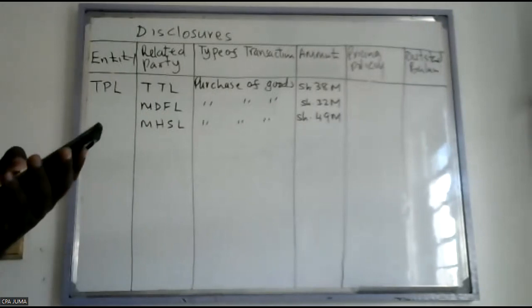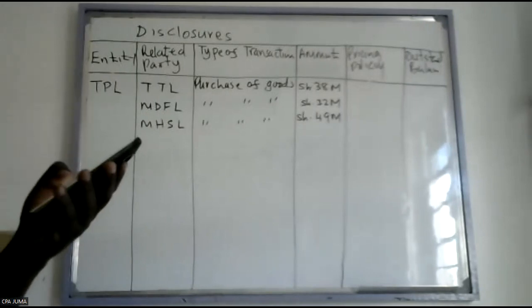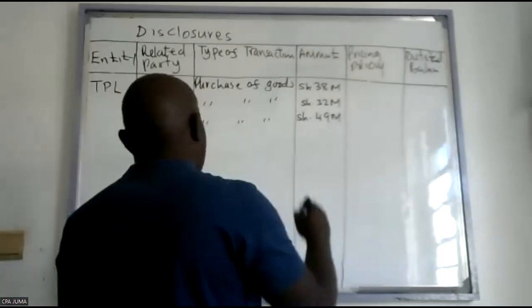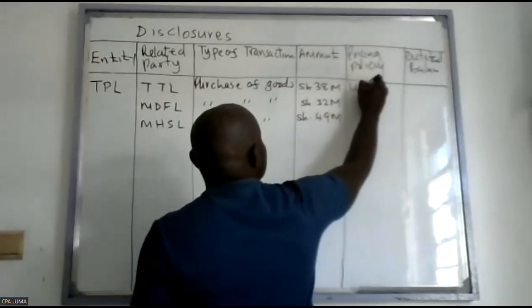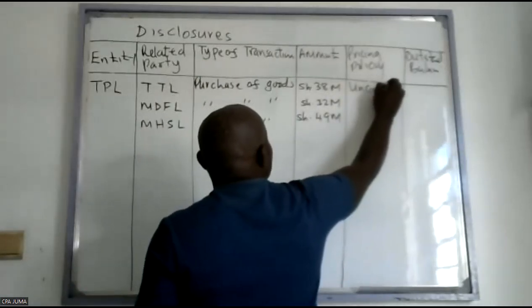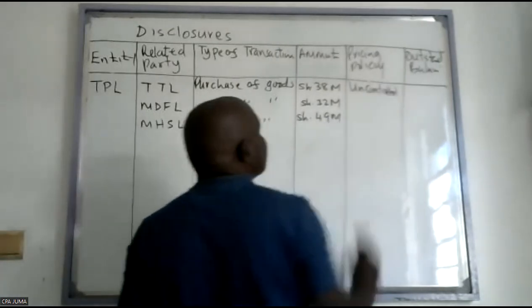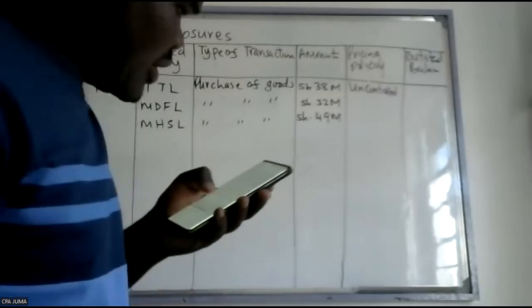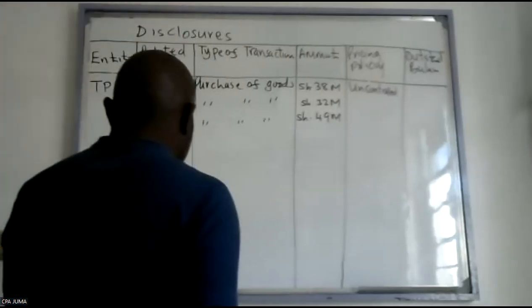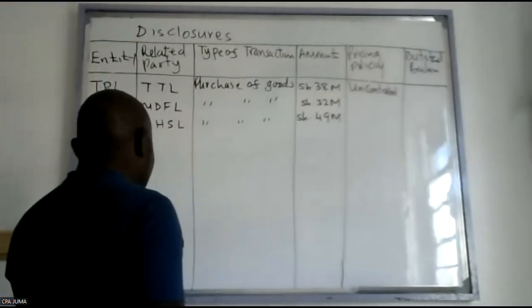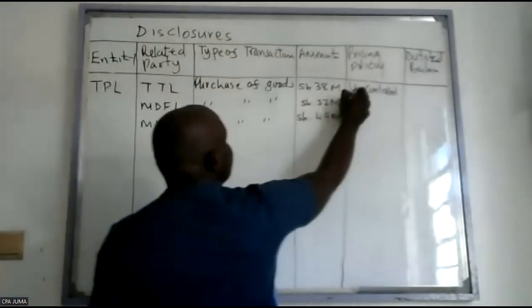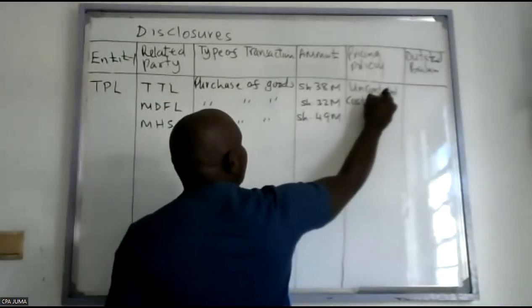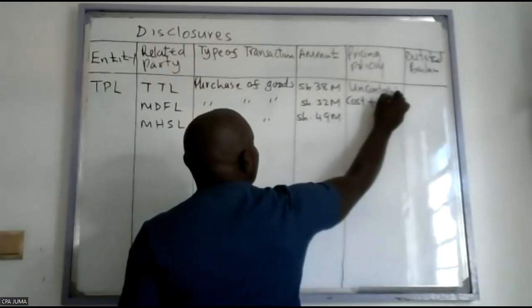Then basis of price: uncontrolled. Uncontrolled price means you decide for yourself. They sold to them at cost plus 100%. So this is cost plus 100%.